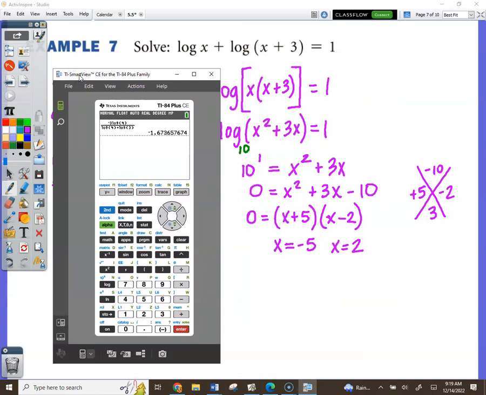Unless you have all the confidence in the world with how you wrote that single log, you could type it in that one. Go back to the original and just type the left side in and see if you get 1. So log of -5 plus log of -5 plus 3.